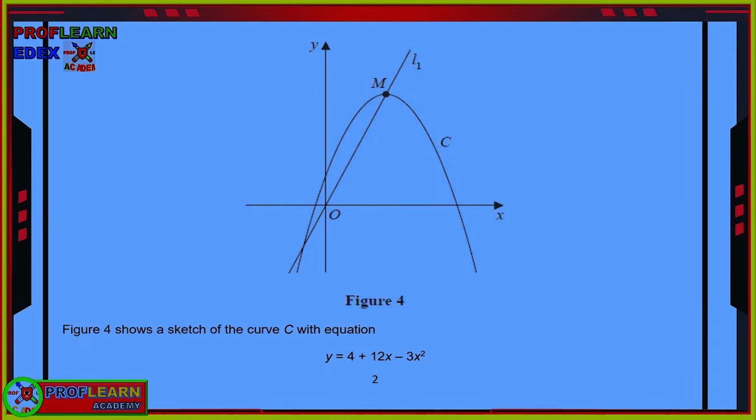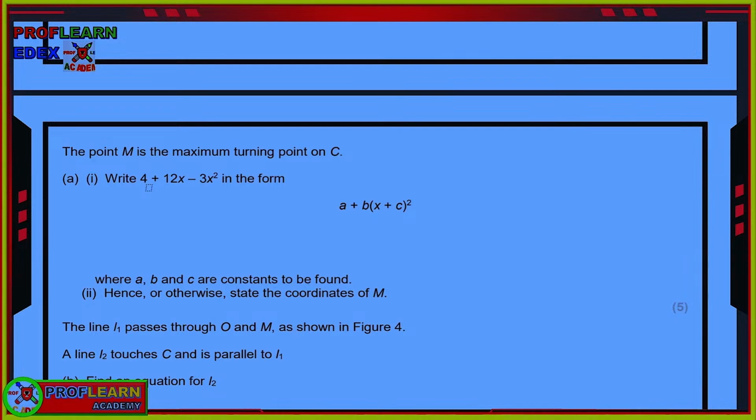plus 12x minus 3x squared. Then the next question here, we are supposed to write this expression in the form a plus b into (x plus c) squared. So we are going to use the completing the square method, and whenever you are using it, you are going to group these terms, and then we are going to factor out negative 3.